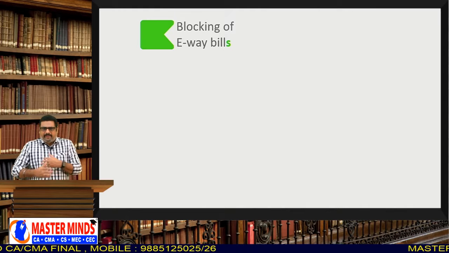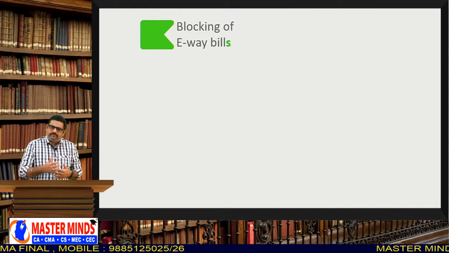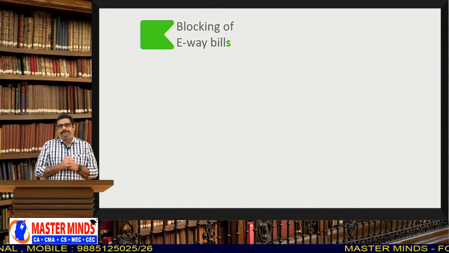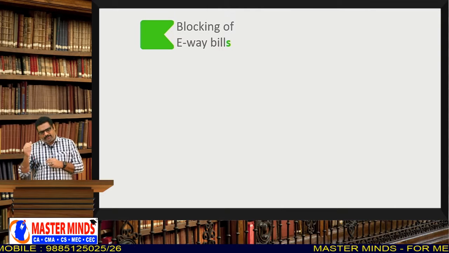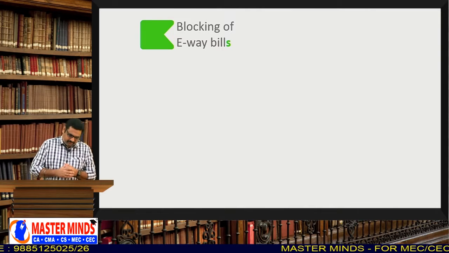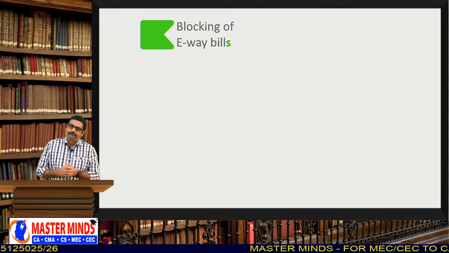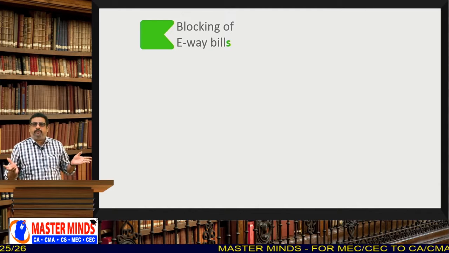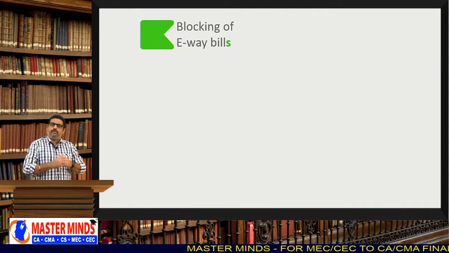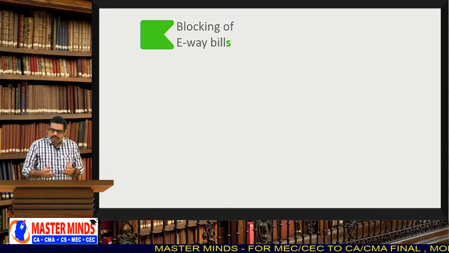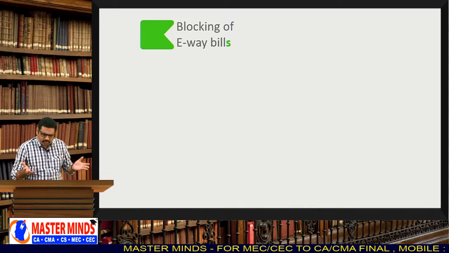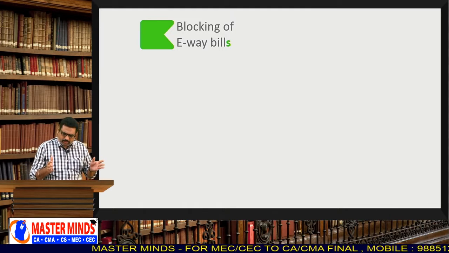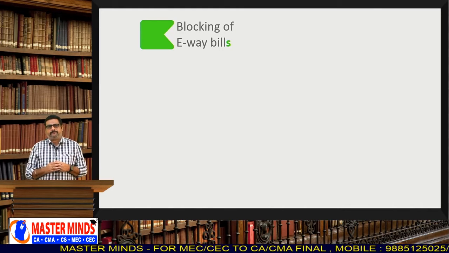Understood? To make them file these returns regularly, the government has created the concept of blocking of EWAY bills. Because without physical movement of the goods, the person cannot do the business.